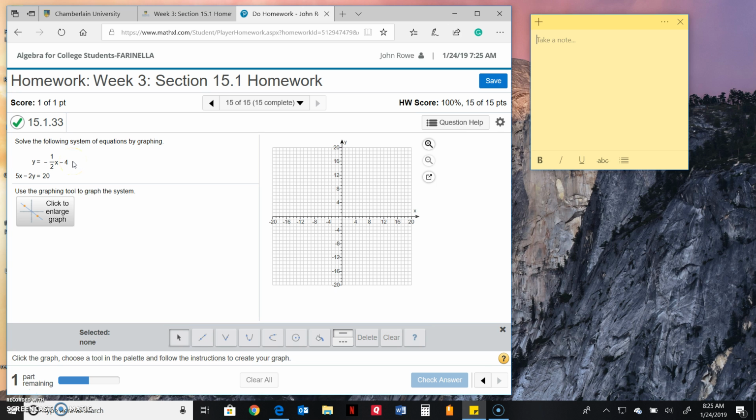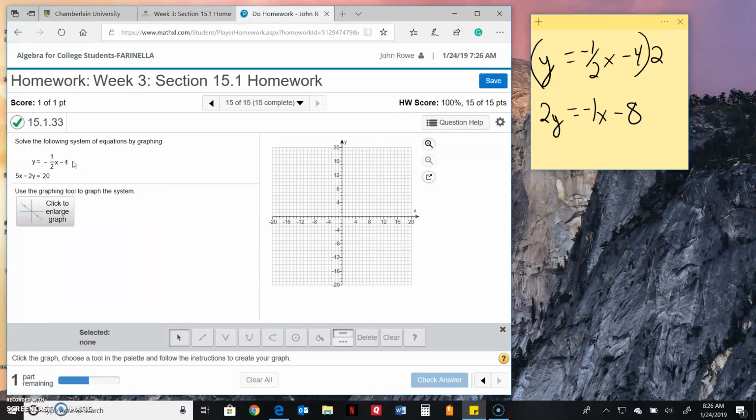So over here on the right side of my screen on the notepad, we've got y equals negative 1 half x minus 4. But I don't like working with this fraction, so let's multiply the entire thing by 2. We're going to wind up with 2y equals negative 1x minus 8. So that's the equation we're going to work with.